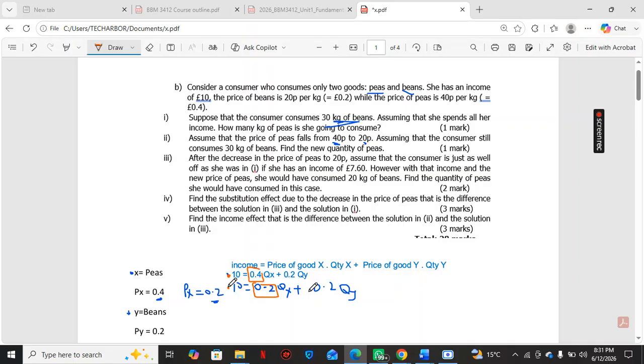Now they were asking us how many peas this person can get if they buy 30 kg of beans. So we're just solving for QX in this equation here.